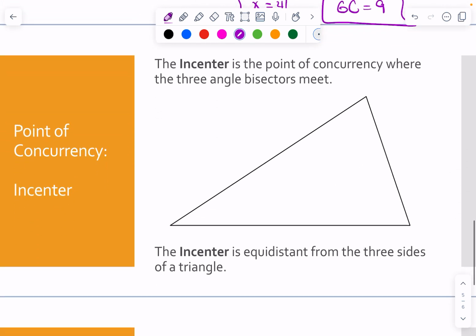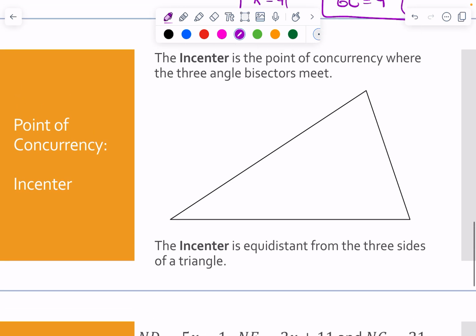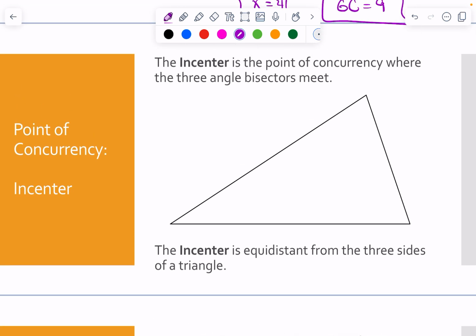All right, the next point of concurrency that we are going to look at is called the incenter. Now, let's talk about what the incenter is. The incenter is the point of concurrency where the three angle bisectors meet. Okay, so where do the three angle bisectors meet?